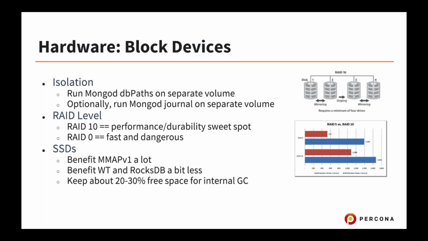Block devices is great to talk about with hardware because we're using a database that stores stuff. Block devices are one of the big things to worry about. You can worry a lot about the RAID level, but with the last slide I just talked about, that kind of is counterintuitive because I just said you don't really need to spend so much money. It's kind of a balance.